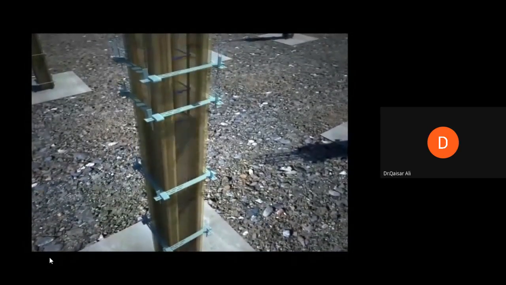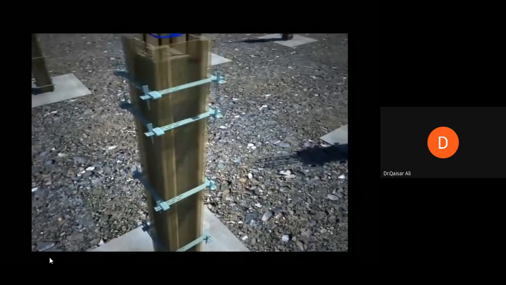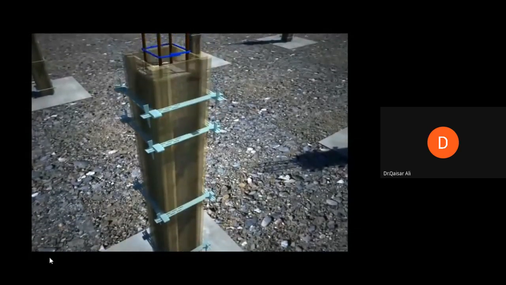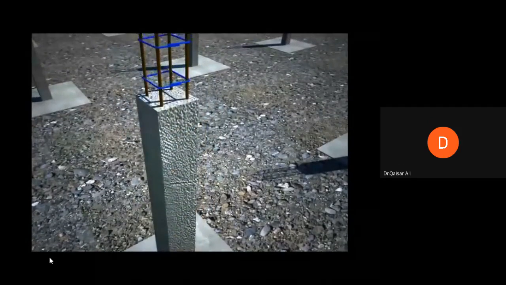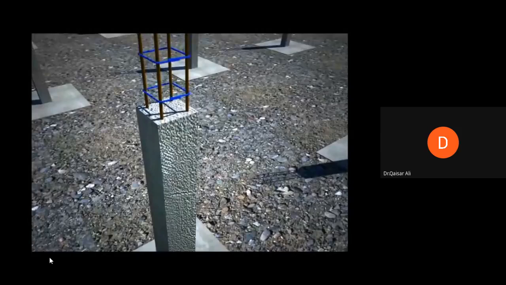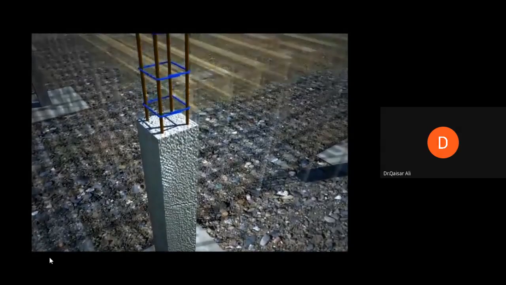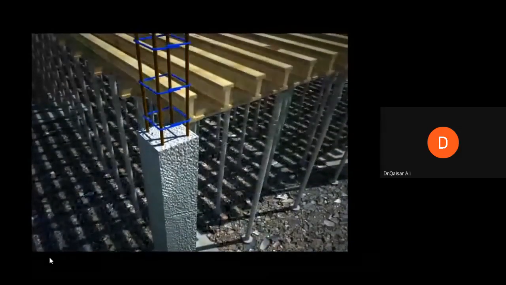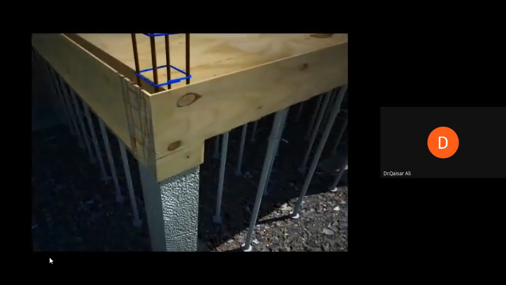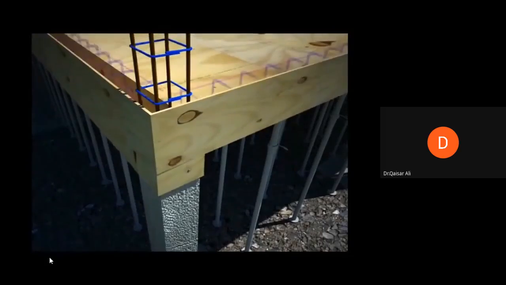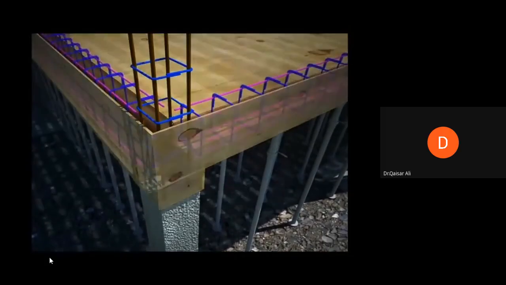Now concrete is poured inside this. You can see concrete pouring. Concrete is finished. The lateral bars are called ties, lateral ties. You can also now see the beam reinforcement.